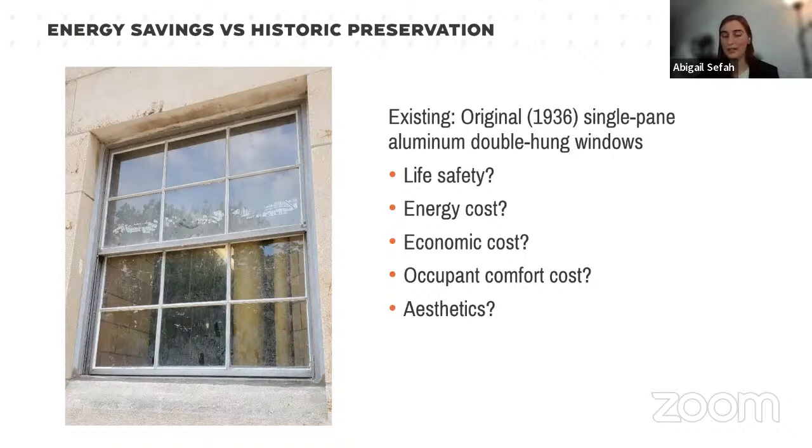The university had been hearing complaints of drafty windows, and occupants were cold and uncomfortable. But then there's also the aesthetic side of things. There's a strong historic preservation community around this university that was pushing to leave the existing windows in place. It is true that no windows manufactured today will look exactly like these non-thermally broken windows from 1936. So they were pushing to just leave these windows in place.